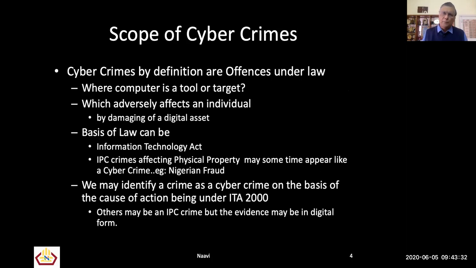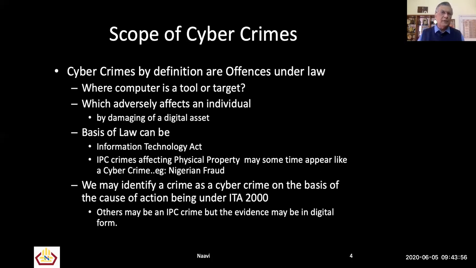So, one way people have earlier in the olden days defined cyber crime is, it is an offense under law where computer is a tool or target of crime. So this is actually the FBI definition where they linked the cyber crimes to a computer.